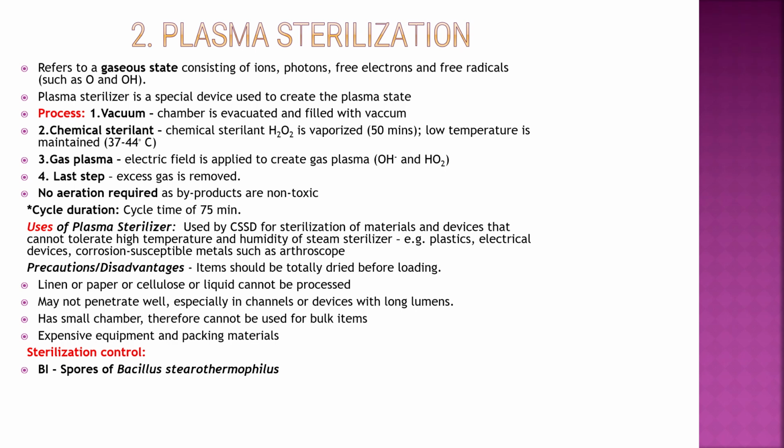Then linen, paper or cellulose, liquid cannot be processed. May not penetrate well, especially in channels or devices with long lumen. Has small chamber, cannot be used for bulky amounts, expensive equipment and packing materials. Sterilization control is the biological indicator: spores of Bacillus stearothermophilus.